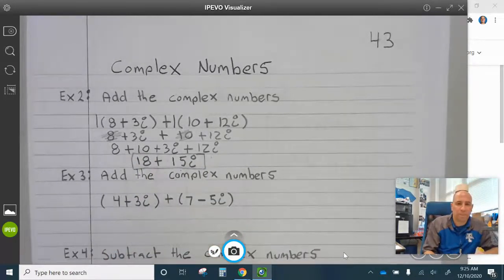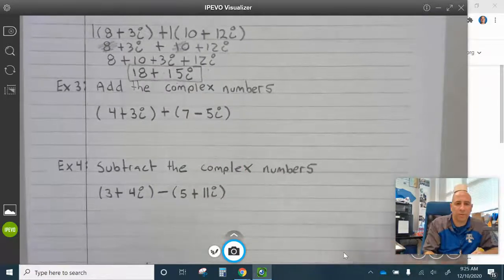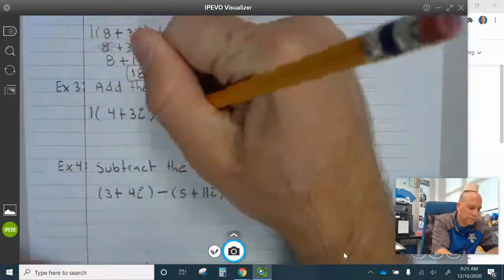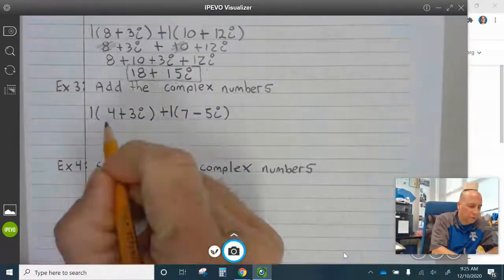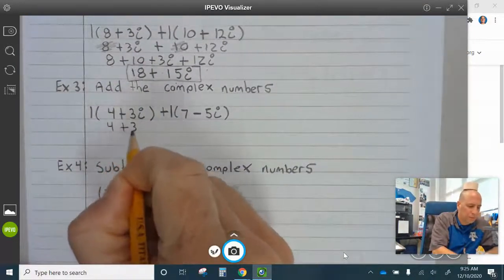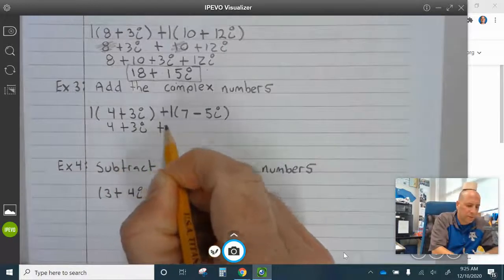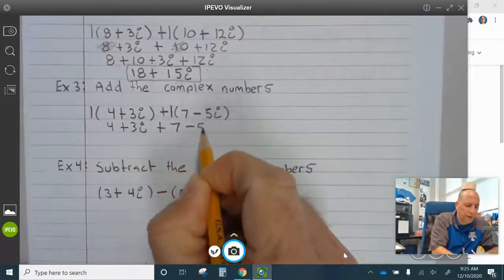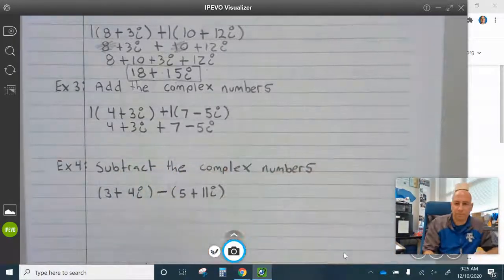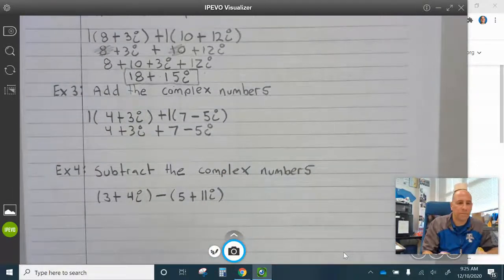Okay, all right, now let's take a look at example 3. Add the complex numbers. So put a 1 in front of the parentheses. Okay, so multiply by 1, so that's 4 plus 3i plus, multiply by 1, that's 7 minus 5i.